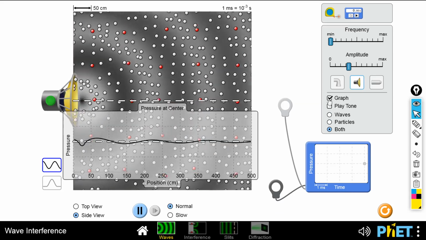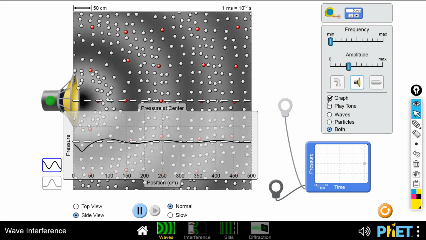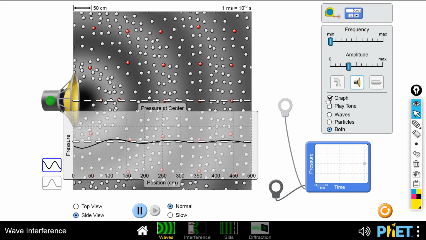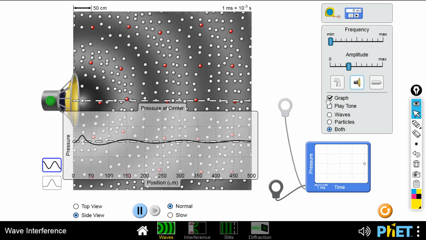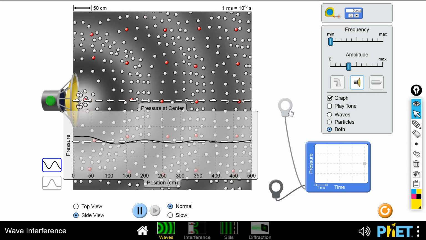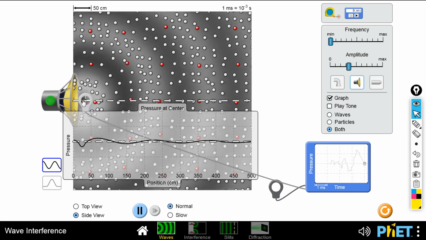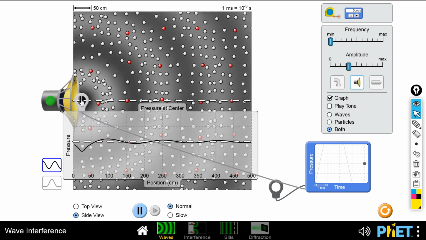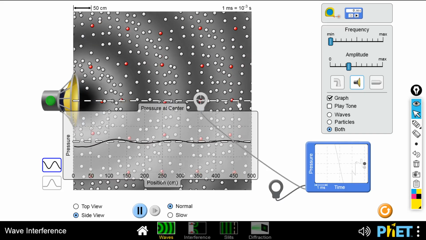Sometimes I'll use the graph portion here to show me what's happening, because watching those molecules or those fuzzy waves is not real clear. We could have done that by pulling one of these measuring tools over also, except it kind of goes off scale.